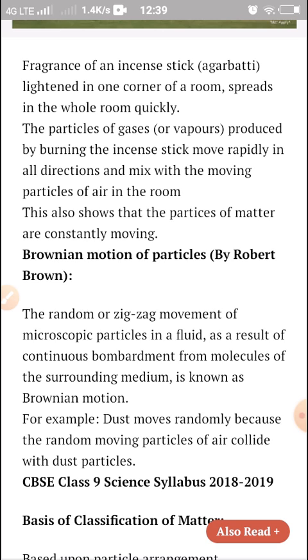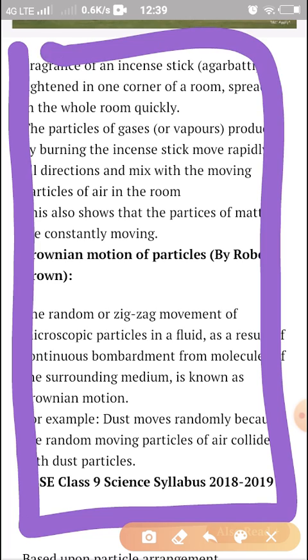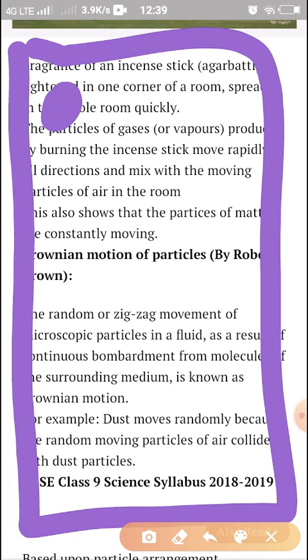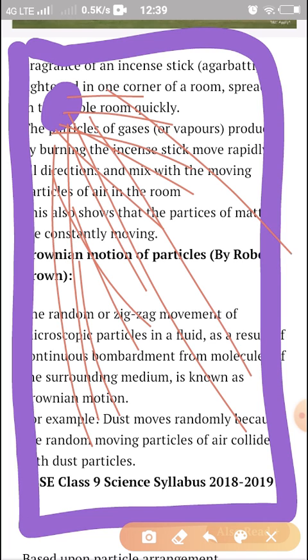Suppose it's a room, and if I light an incense stick here, what would happen? The fragrance particles would spread into the whole room. Why?